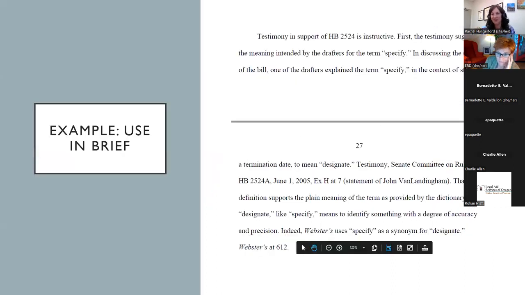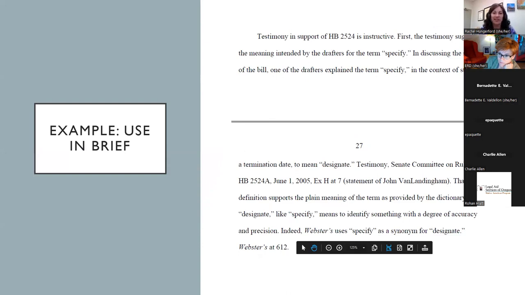So I'm not going to go into any more detail in terms of technical citation style. I think the style manual covers that pretty well. But the question of how to cite also gets at how to effectively cite or use legislative history in your brief or memo.